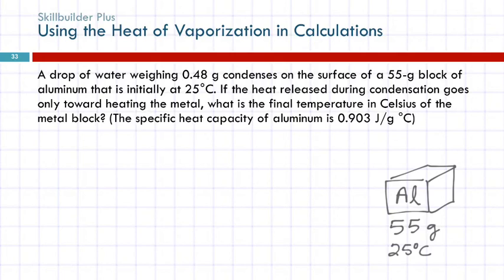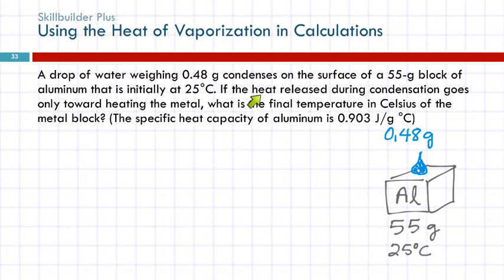And then it is a drop of water. So water's blue, right? So here's a drop of water. Kind of looks like a Hershey's Kiss, makes me want chocolate. The water has a mass of 0.48 grams. So we've got water in the gas state condensing into a liquid on this block of metal.